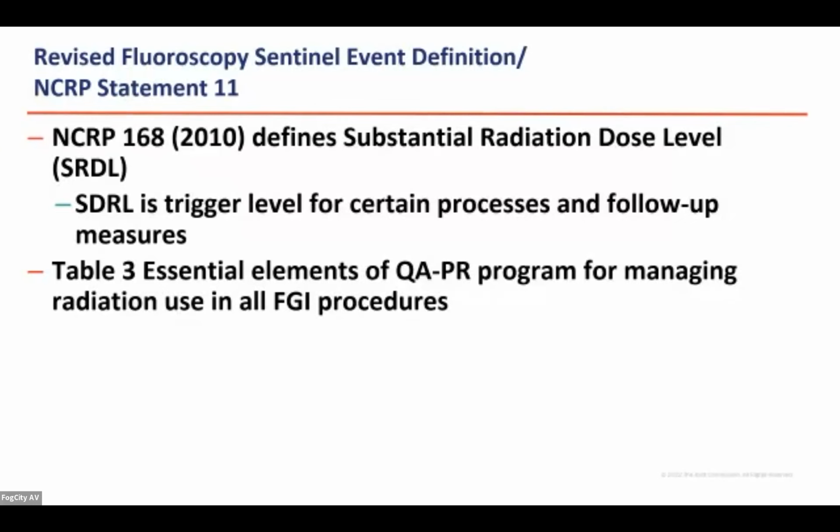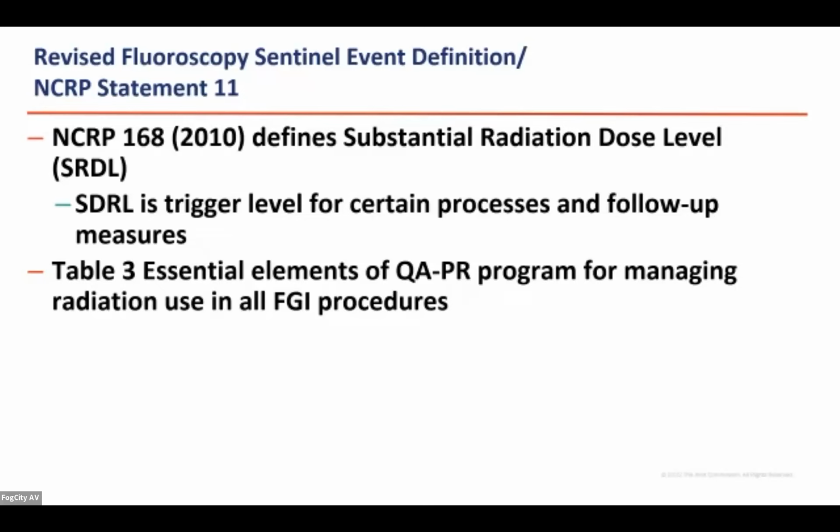This slide looks at documents that we used when we created the revision to the sentinel event definition, and I would recommend that you look at NCRP 168, which talks about substantial radiation dose levels. Remember, we don't have any that we're prescribing, but this talks about what you might use, and it also talks about the process you might put in place to follow up on those exposures.